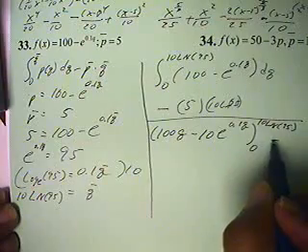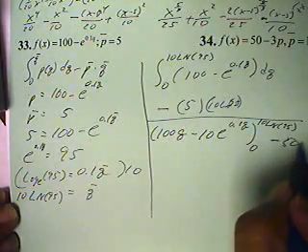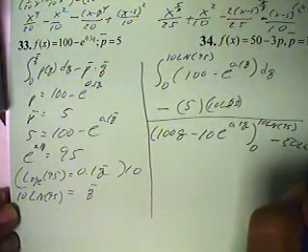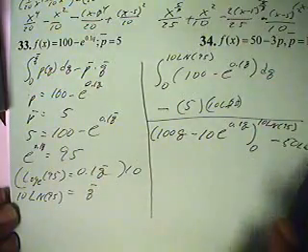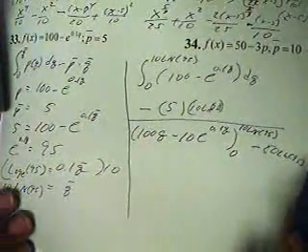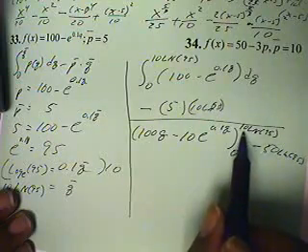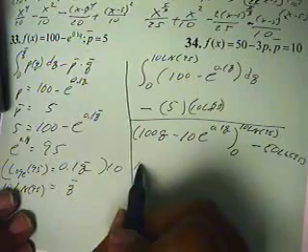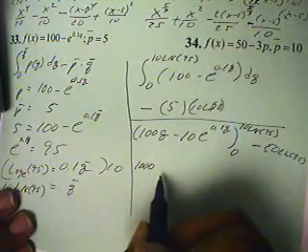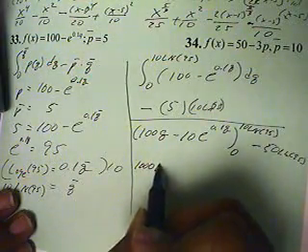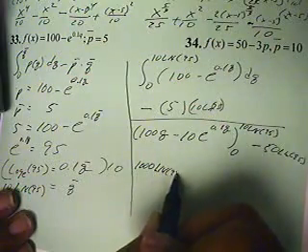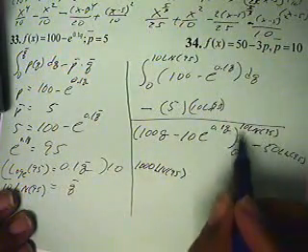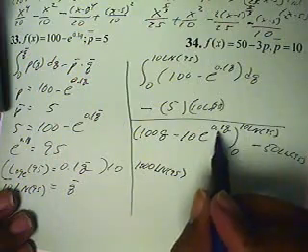When we multiply these two, we're going to get 50 natural log of 95. Okay, so we're going to put the 10 natural log of 95 in here for both Q's. When I put it here, we're going to get 1,000 natural log of 95. When I put it here, the 10 and the 0.1 are going to cancel.